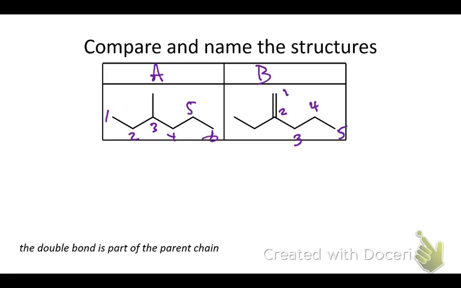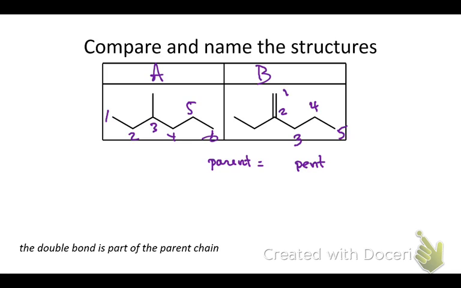And then the alkyl part, the little ethyl group, that's a substituent now. We don't count it, well, you have to put it in the name. We're going to give it a name now. So this is the parent, which is 5.